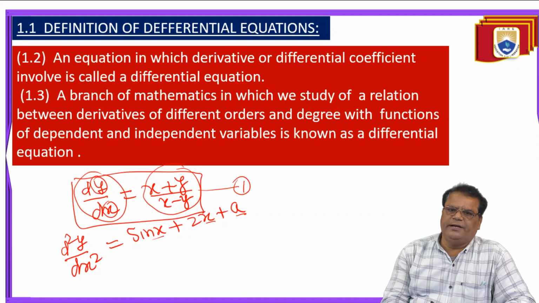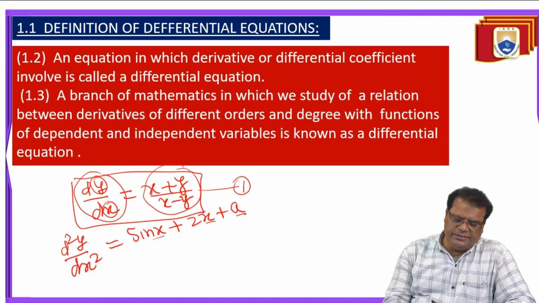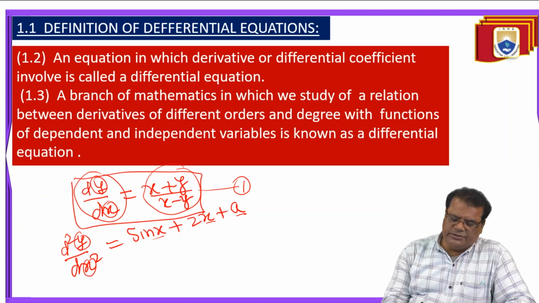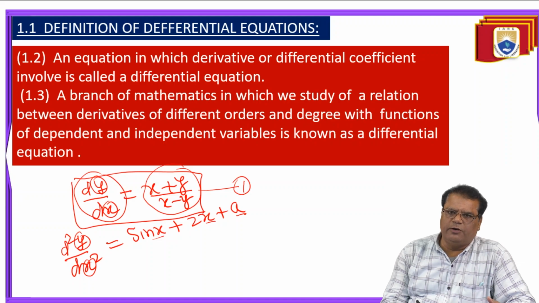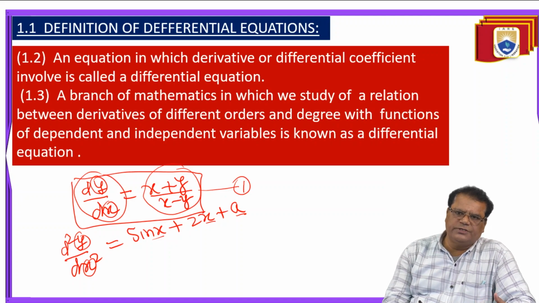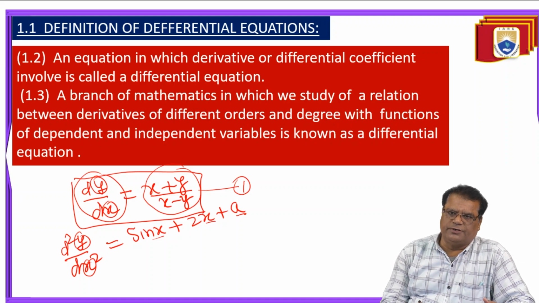Here, in this differential equation, y is differentiated with respect to x two times. So this is the differential coefficient of second order. This equation also involves derivatives or differential coefficients, and functions or variables. So this equation is known as a differential equation.